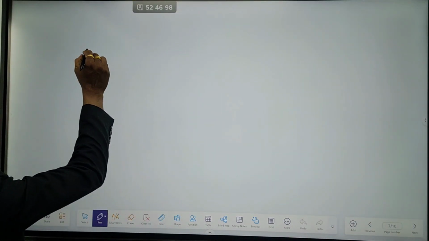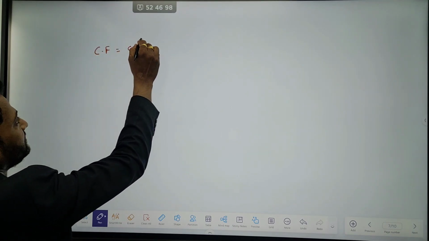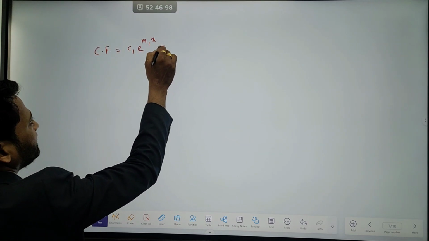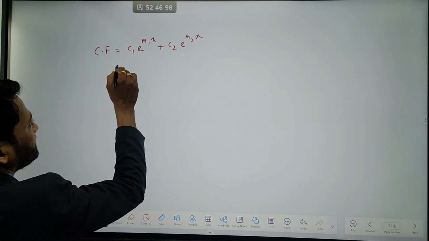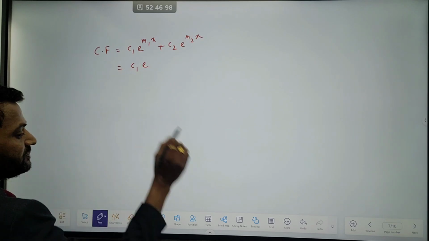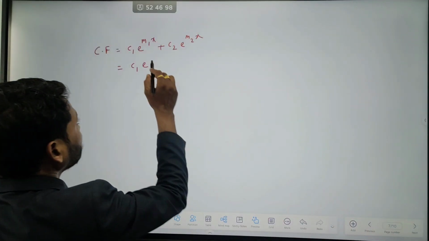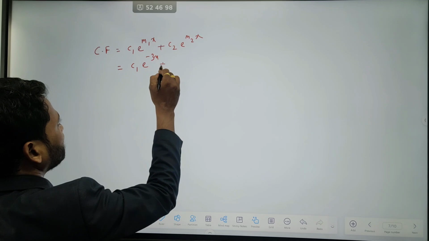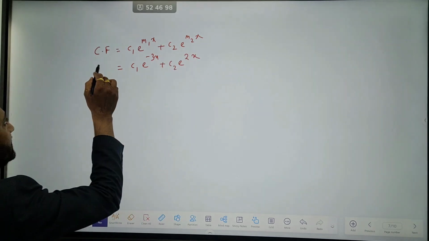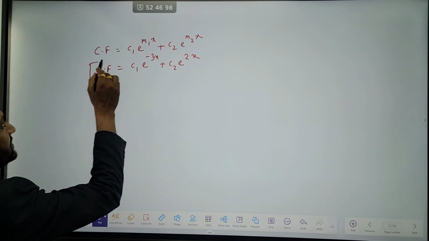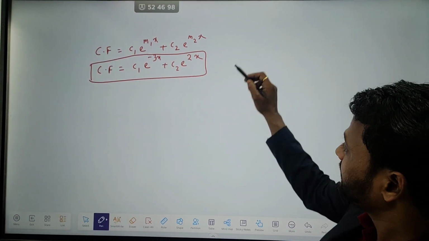CF is equal to C1 e to the power m1x plus C2 e to the power m2x. Meaning C1 e to the power, what is the value of m1 here? Minus 3, so minus 3x, plus C2 e to the power, what is m2? 2, so 2x. This is your complementary function. Understood? So next we will go for PI.